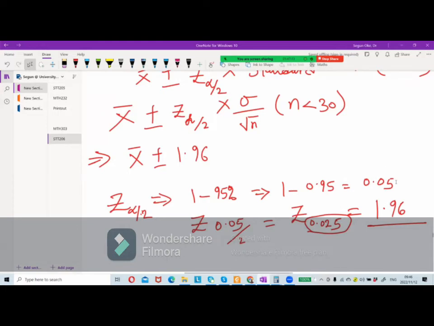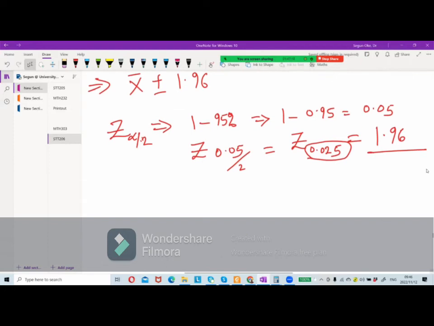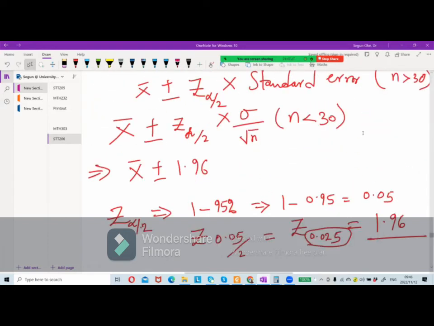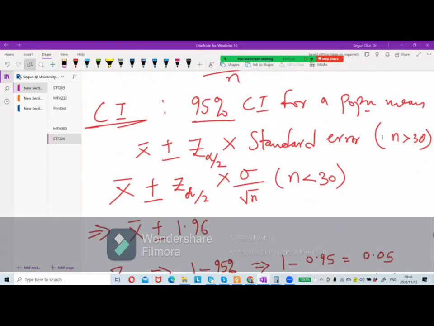Now, that is not where we are going. I'm just giving you the formula. So the formula is just for 95% confidence interval. It simply means X bar plus or minus 1.96 multiplied by standard error.